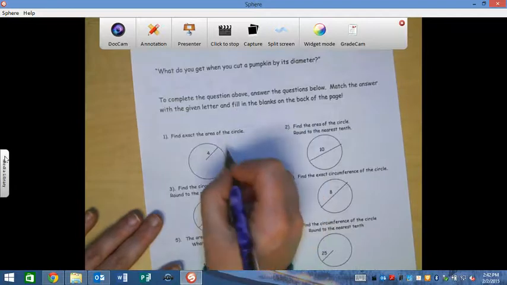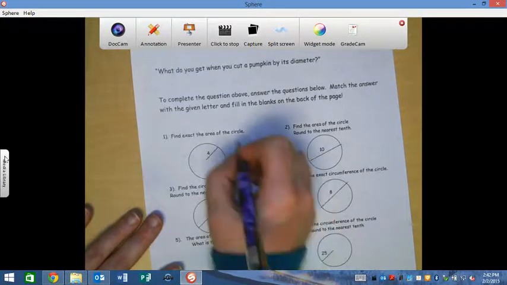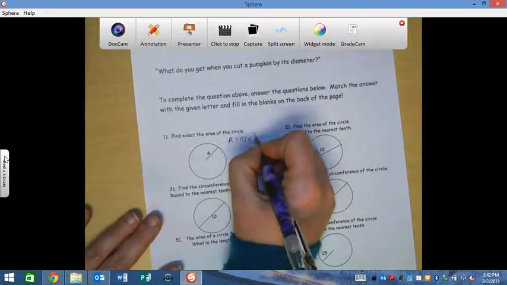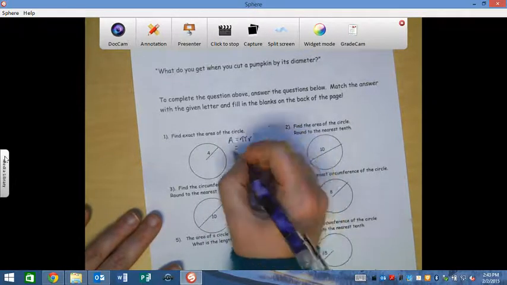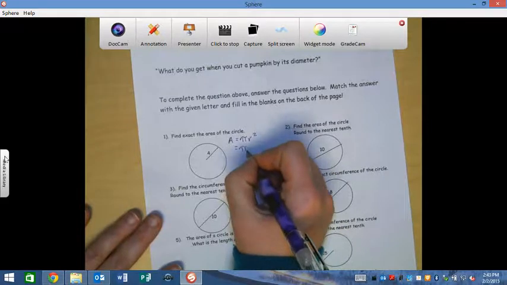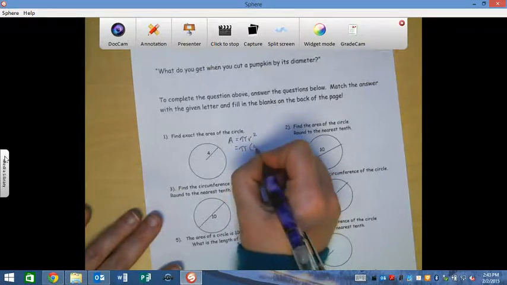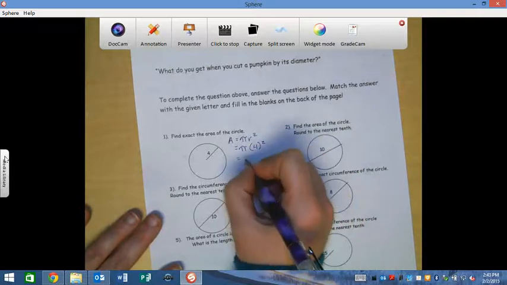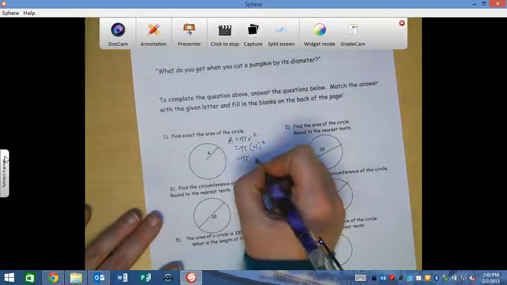So it says find the exact area. So area equals pi times radius squared. Remember, we're leaving pi like it is, and our radius is 4. Uh-oh, this number sounds familiar. It's the same thing that we did on our first problem that we worked.